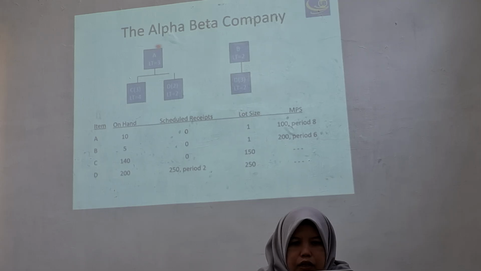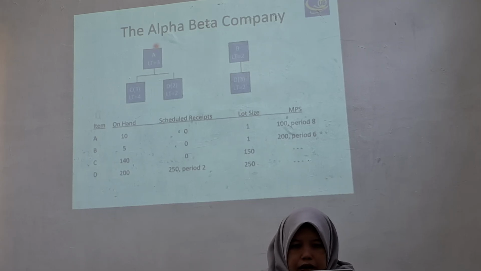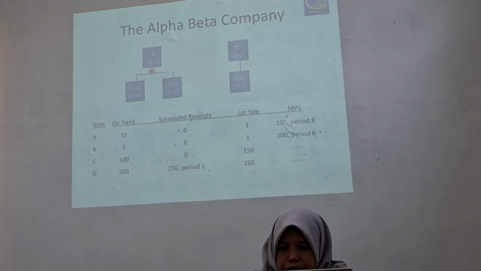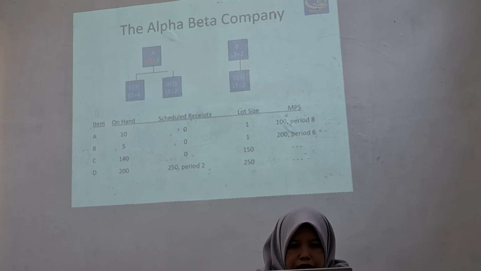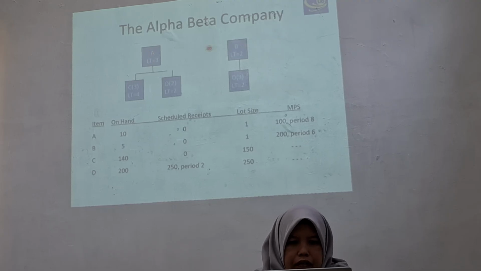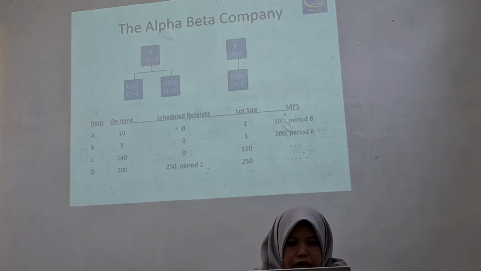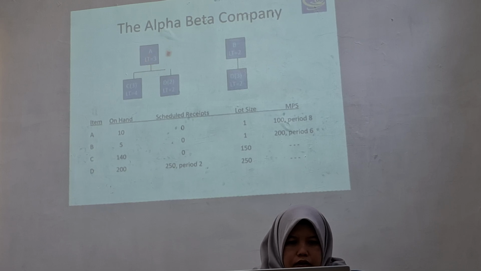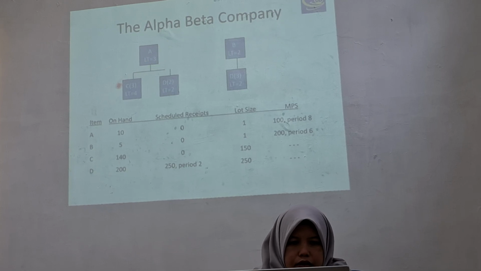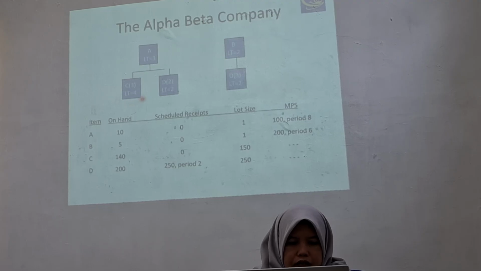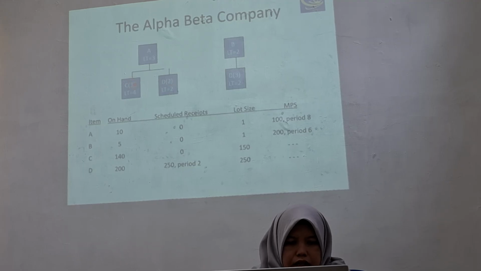Next, we'll study the company Alpha Beta. Company Alpha Beta has products A and B. For A, we have a lead time of 3 periods, and product A consists of C and D. This is about the quantity and this is about the lead time.